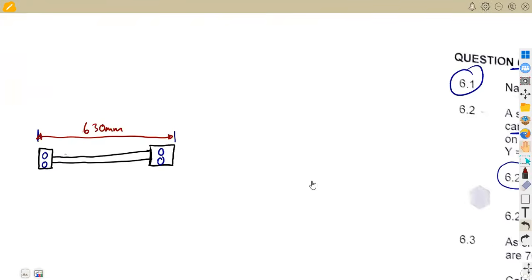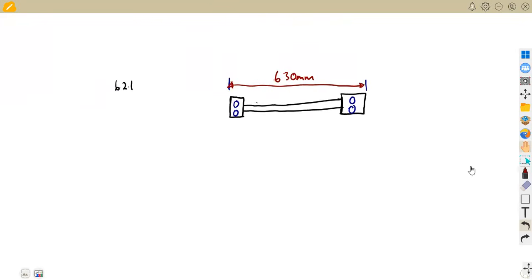This is in the middle of this whole part, so we have equal distance taken in between.